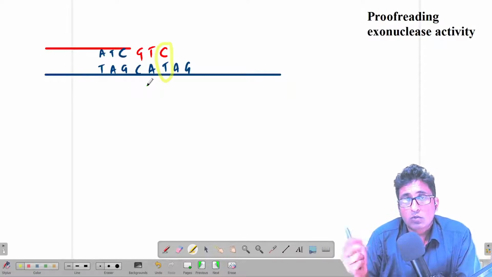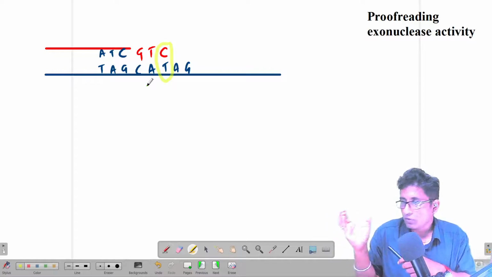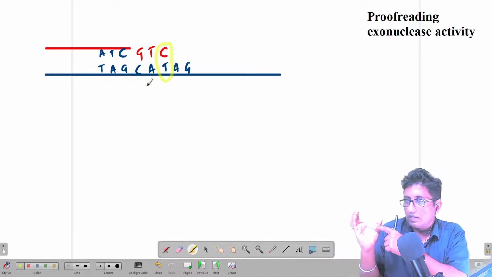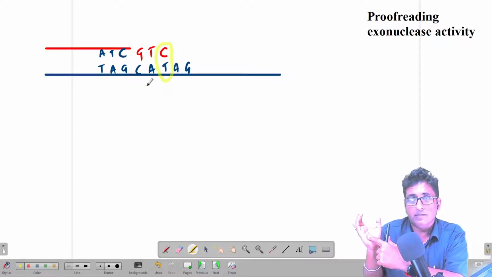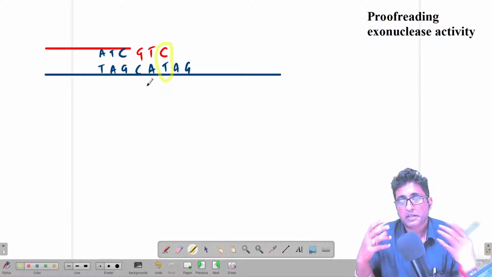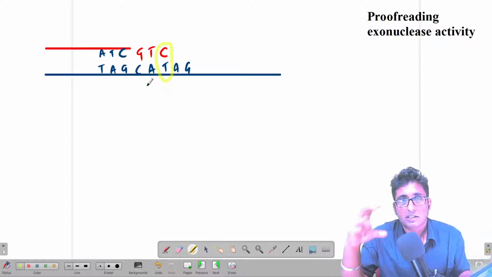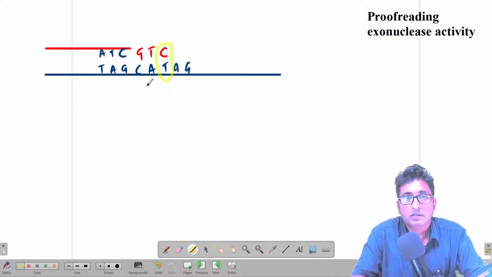DNA polymerase also has an exonuclease activity. If we visualize DNA polymerase this way, around this place we have the polymerization active center. Around this place we have the exonuclease activity. As the name indicates, exo means out and nuclease activity is cutting the nucleotide.